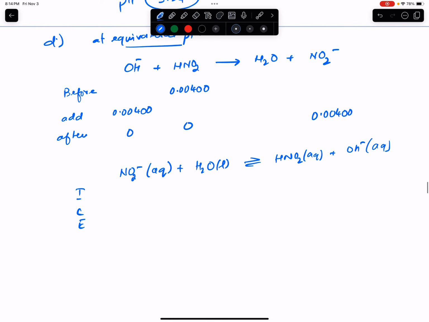Initially, first of all, we have to convert those moles to concentrations to be able to plug them into an ICE table. To convert the moles to concentration, we take this number and divide it by the total volume.